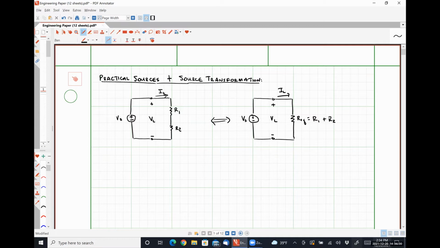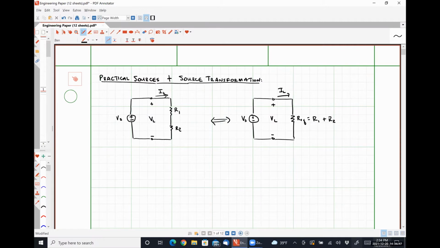The key here is that for these two networks to be electrically equivalent, they need to experience the same voltage drop VL across their terminals, and they need to experience the same current IL flowing into their terminals.